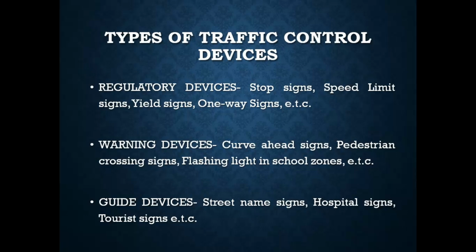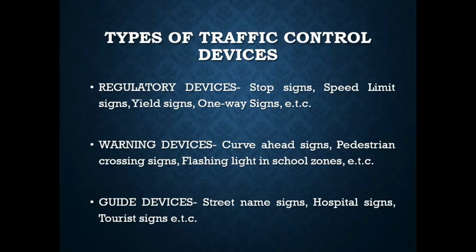It can also come in the form of signals. We're still going to be looking into the difference between signs and signals. The idea behind this is just a warning, alerting drivers and road users about a potential hazard or a potential change in the road condition, in order for them to anticipate appropriately.